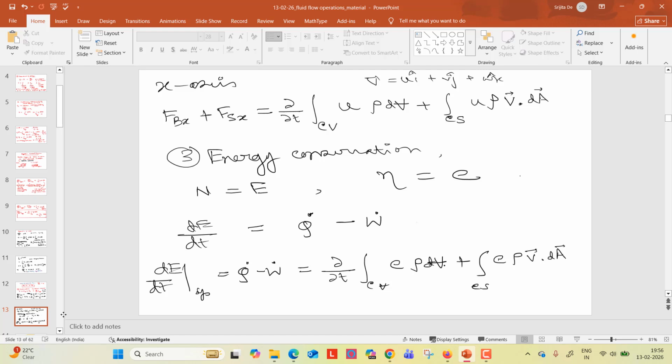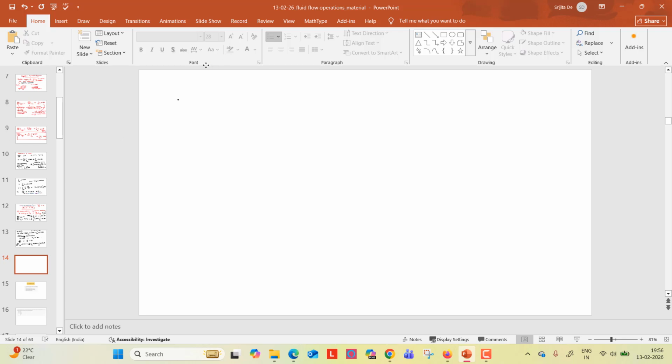Now this W, or work done by the system, can include many things. It can be W_S, which is the shaft work, plus W normal, which is the work done by normal force.